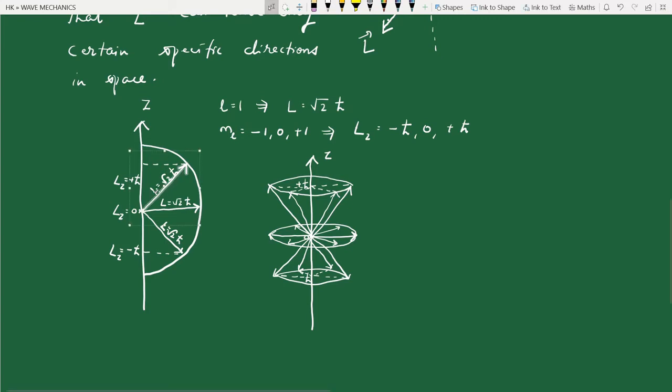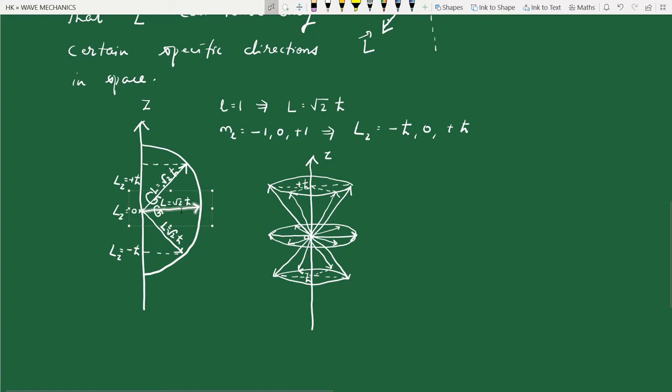If there is an angular momentum vector along this direction with Lz equal to plus h cross, then you can visualize this orbit like this around it using the right hand grip rule.